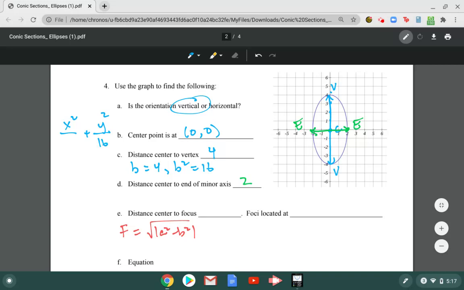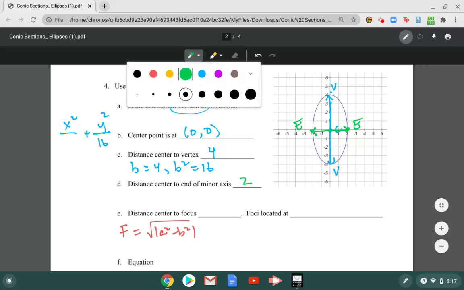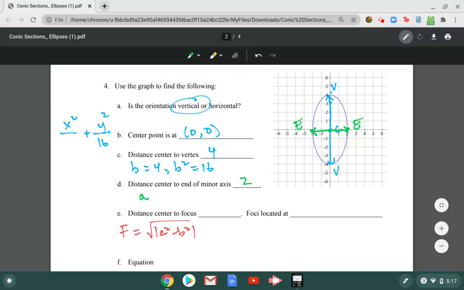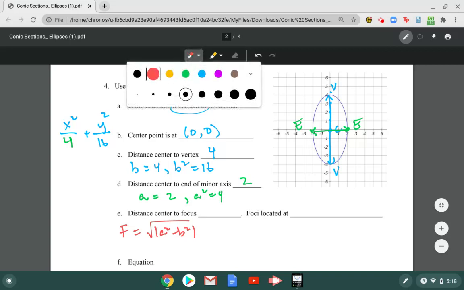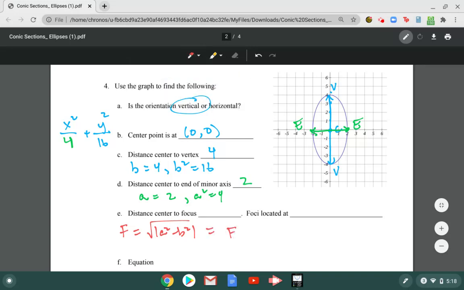Underneath x squared, this happens to be the minor axis, the value is 2, so squared it is 4. What's important is that you end up with a 4 in the denominator. Okay, so now I can finish this. The focus distance is the square root of 4 minus 16, with the absolute value right there. So that's going to be the square root of 12. There is a perfect square in 12. It's a 4.